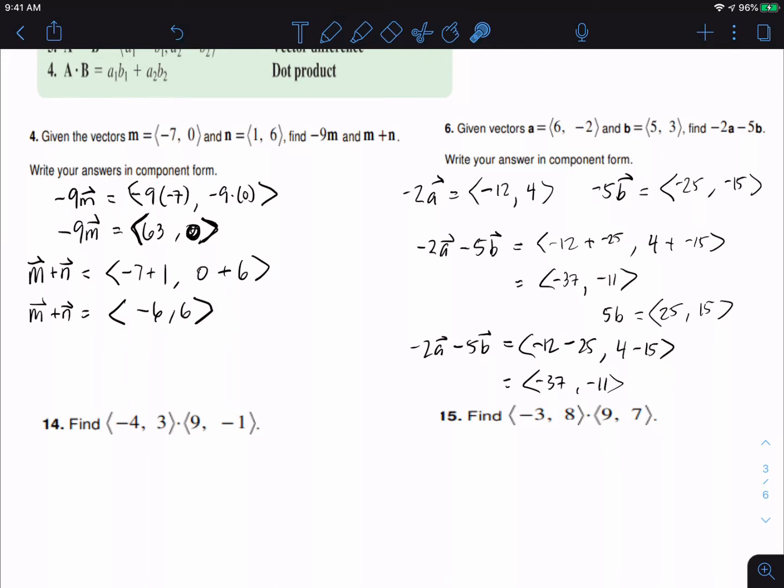So in this number 14, if I'm taking the dot product of this, I'm going to get negative 4 times 9, and then, oops, it's a plus sign in between, plus 3 times a negative 1. So what that's going to give me is a negative 36 minus 3, and then my dot product would be a negative 39.